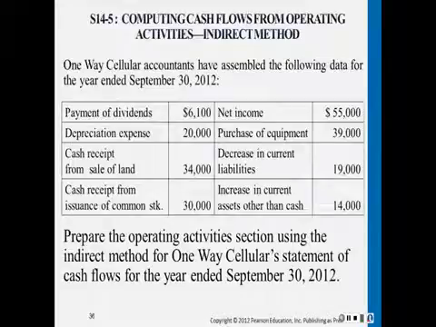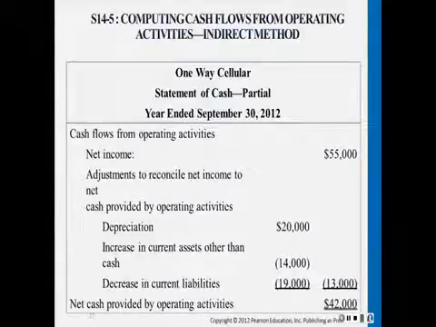Short exercise 14-5 reviews the computations of cash flows from operating activities using the indirect method. The exercise continues on this slide.